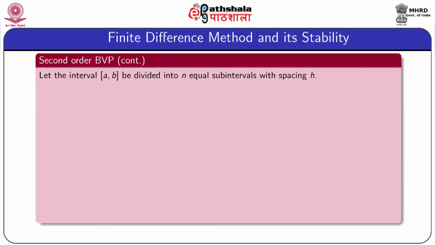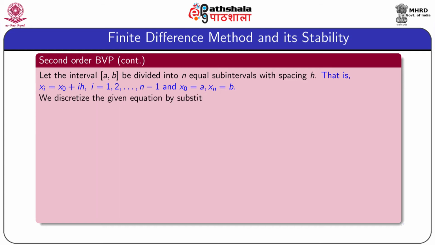Now, we divide the interval [a, b] into n equal subintervals with spacing h, that is x_i equal to x_0 plus i h, where i equal to 1 to n minus 1 and x_0 equal to a, the starting value of x, and x_n equal to b, the ending value of x.